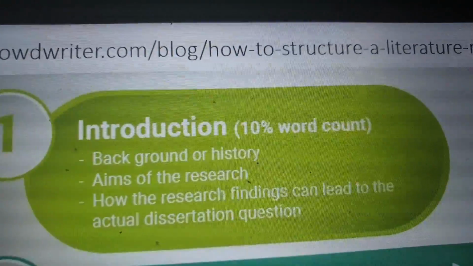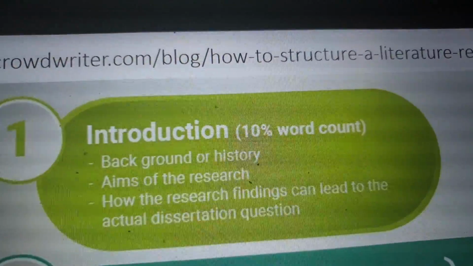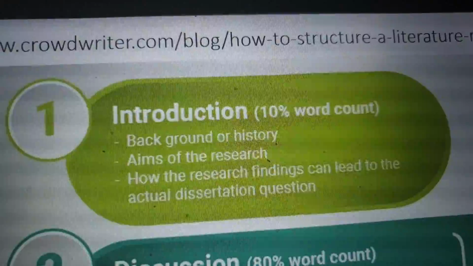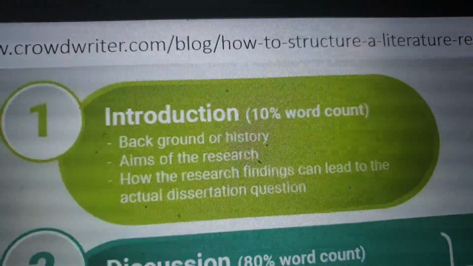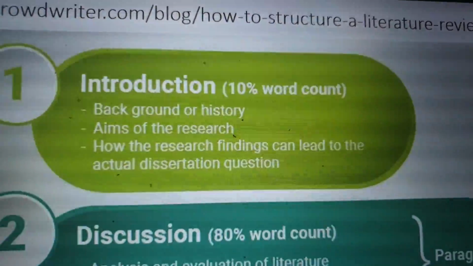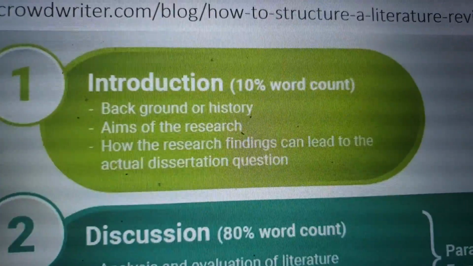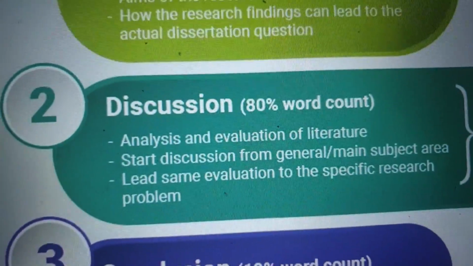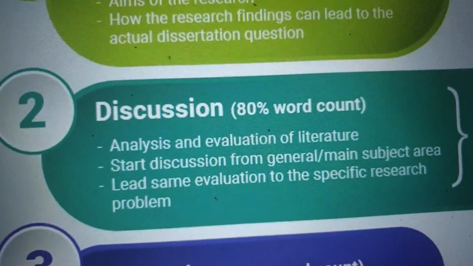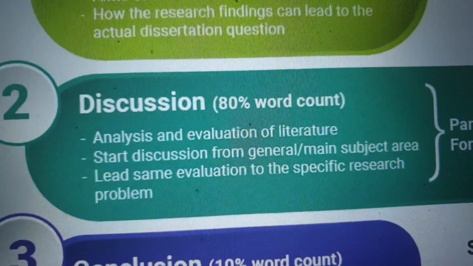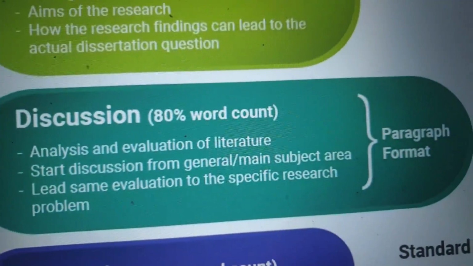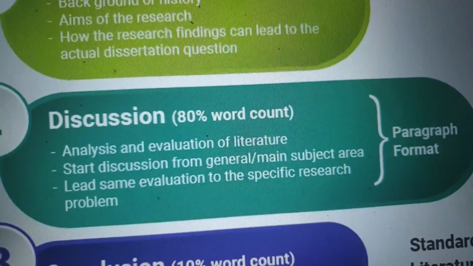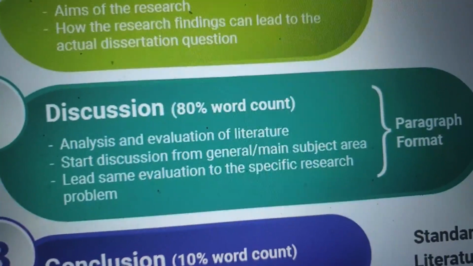One, introduction, just about 10% of the word count. The background or history, the aims of the research, how the research findings can lead to the actual dissertation and question. Just 10% of the literature review. Then 80% will be discussion, analysis and evaluation of literature, study discussion from the general main subject area, leading the same evaluation to the specific research problem.